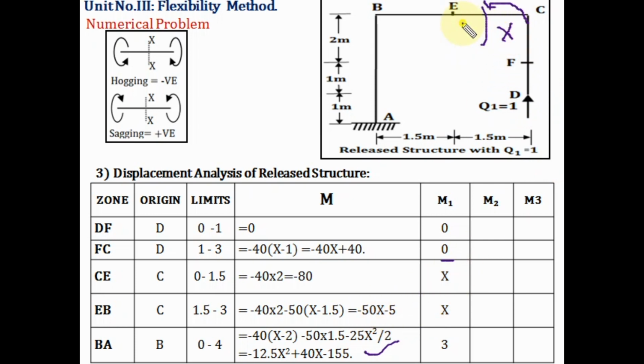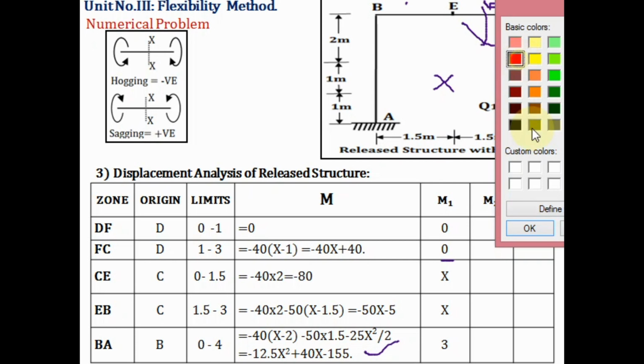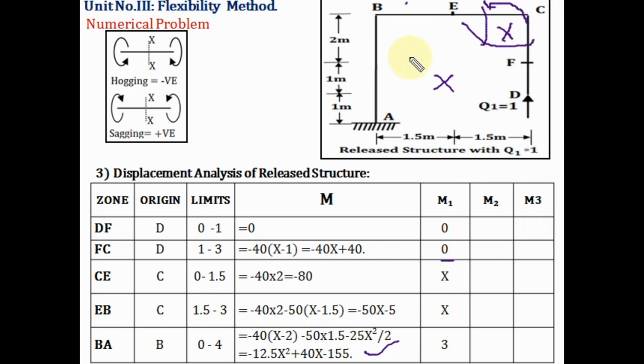The nature of bending moment will be sagging, we are standing inside the frame, so plus, it is x plus here. Now if you take the zone in the next portion, that is EB, measure x from point C. Again this force will act like this, the nature of bending moment will be sagging, again plus, and this distance is x, so 1 into x is x.